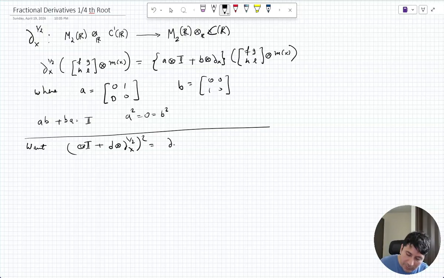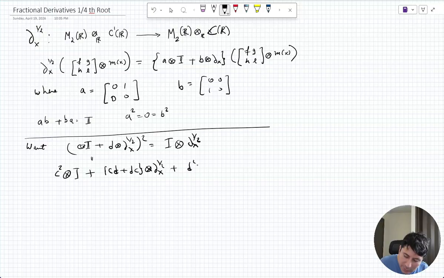I want this to be equal to I plus dx to the 1/2. Now the same mathematics that we used to derive the square root of the derivative applies. So the left hand side is equal to C squared I plus CD plus DC tensor dx to the 1/2 plus D squared tensor dx.